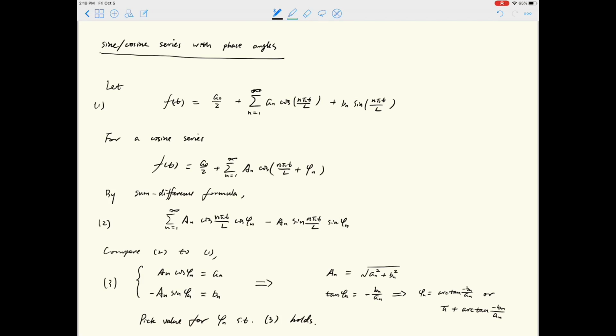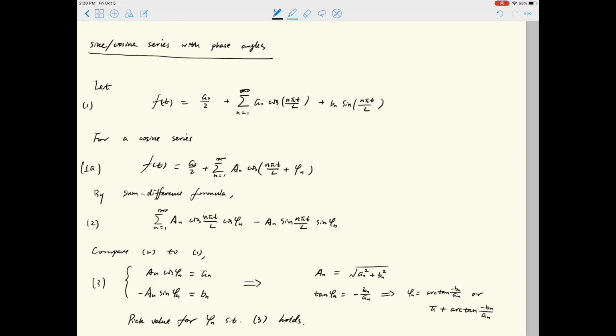So this is how you write a regular Fourier series into a cosine series with a phase angle. And the cosine series is given here. So you need to specify what is capital An and also what value you take for phi n, and then write down the cosine series as it is in 1a here.